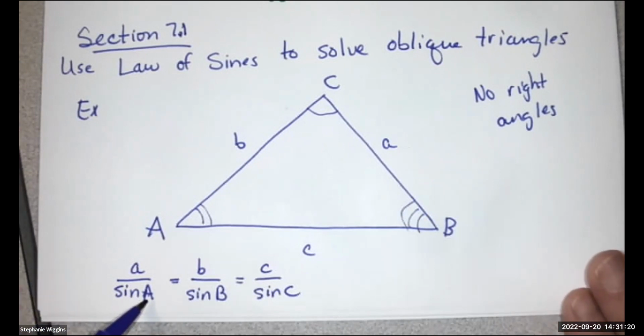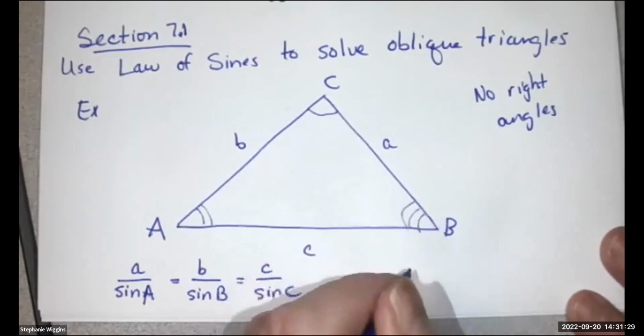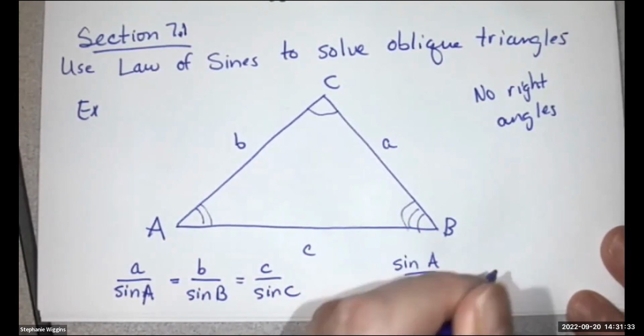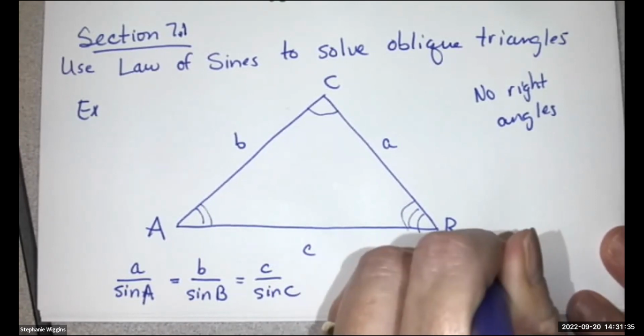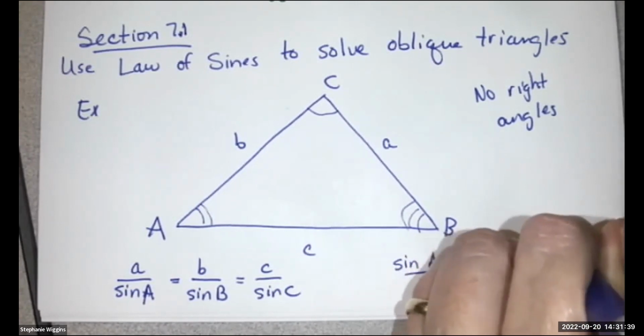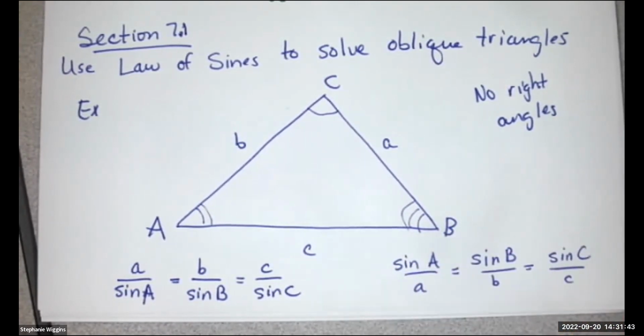So if it's capital A and little a, that's equal to sine of capital B over little b. And by the way, I've written it like this, but this is also true. You can write it whichever way suits you. If you want to go sine A over a and sine B over b like this, you get the same result. They're equal. So sometimes I use this, sometimes I use that, depending on my situation.